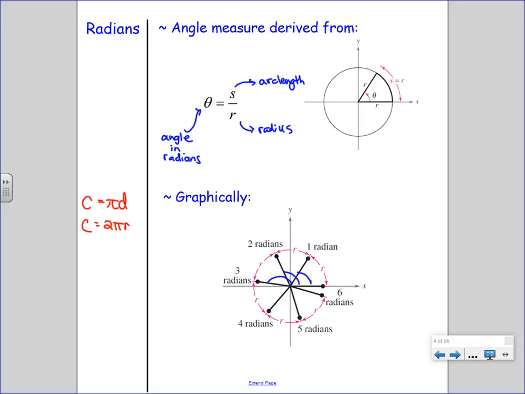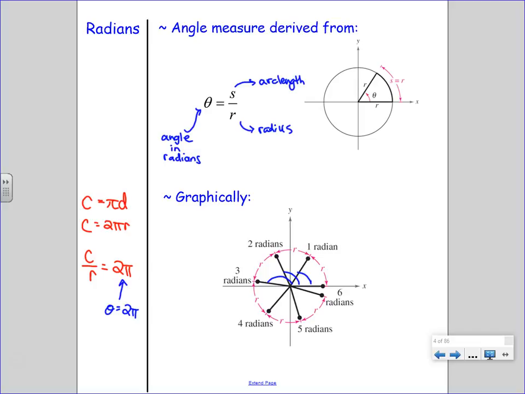If you take the entire distance around the circle divided by a radius, what would perfectly measure the entire circle? Circumference is the arc length of the entire circle divided by radius. Hey, that's my formula. Where does 2 pi being a whole circle come from? Oh. It comes from this relationship of what is a radian.